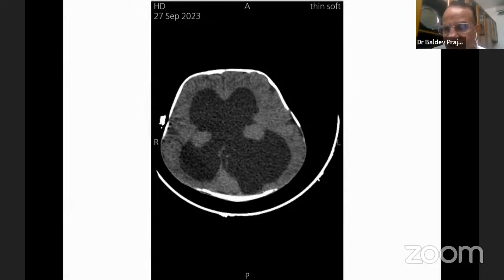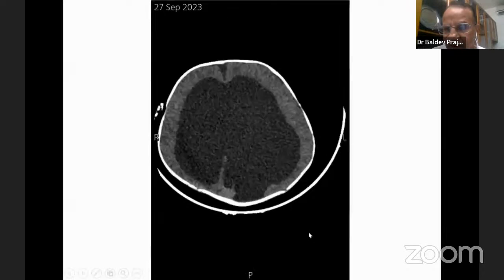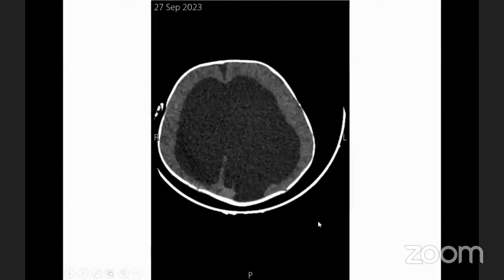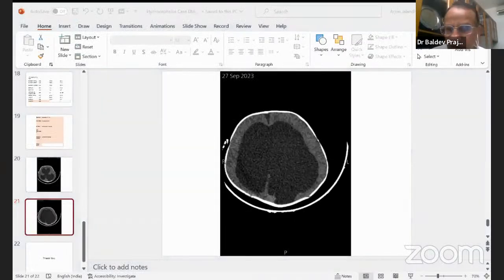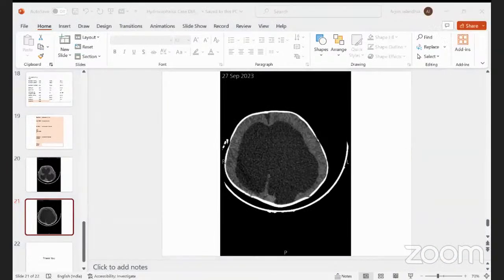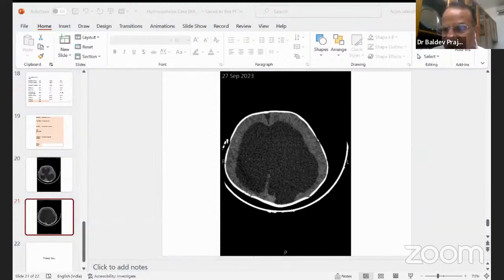You have any other picture, Chanmay? This is the vertex thing. You have anything else to share? No, in presentation there were only two pictures. Chanmay, unmute yourself.